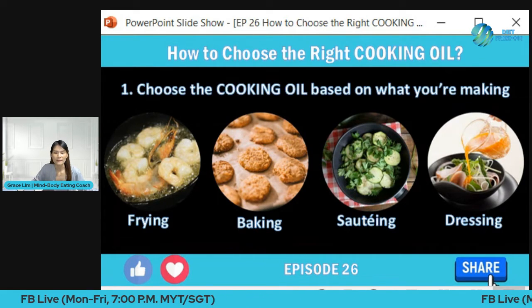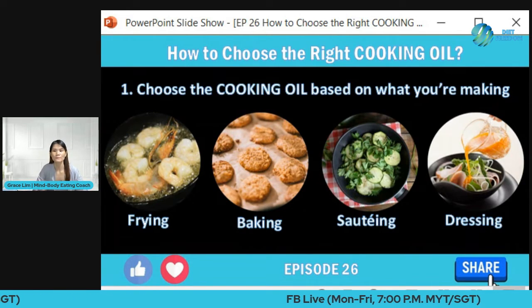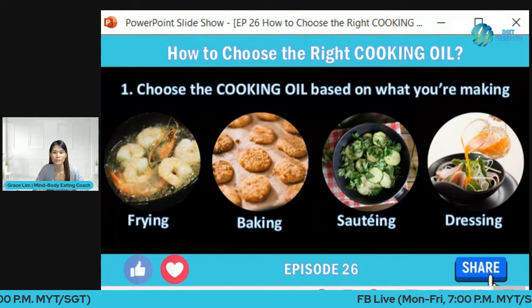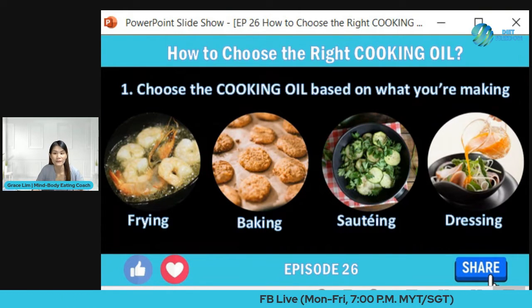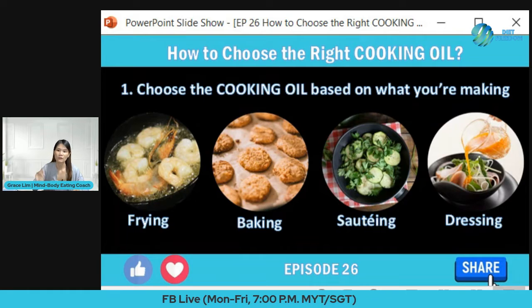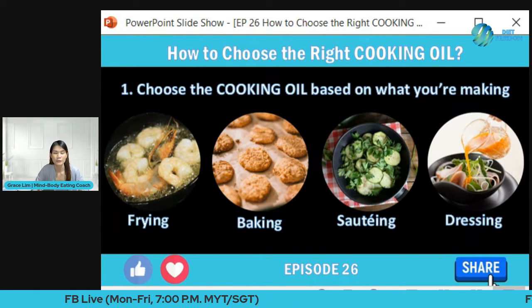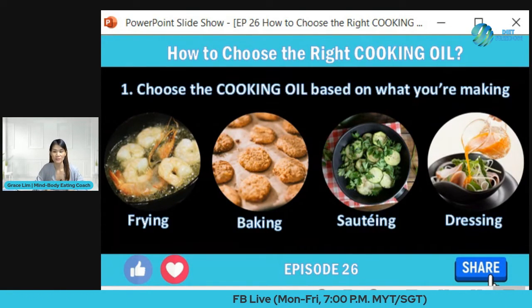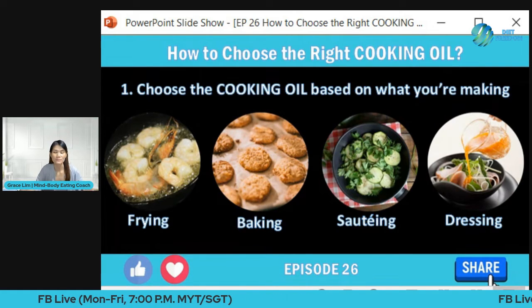If you are frying your dish itself, opt for an oil with a neutral flavor and a high smoke point, because that is exactly the temperature that you usually fry at. Oils with a high smoke point include canola oil, refined olive oil, vegetable oil, sunflower oil, as well as peanut oil.